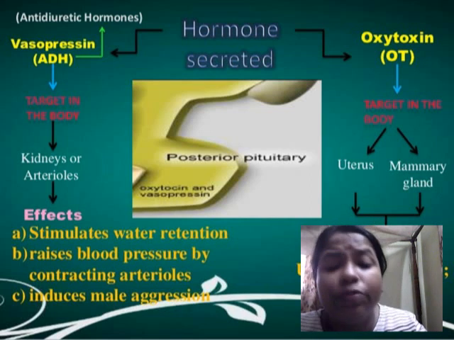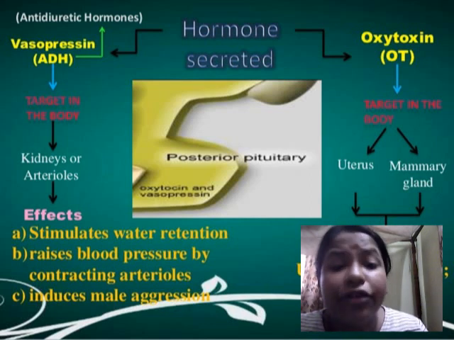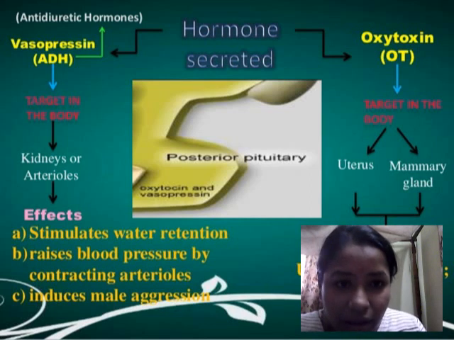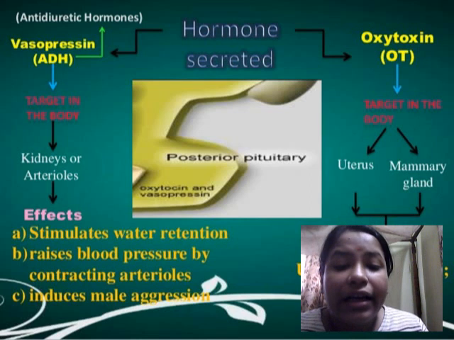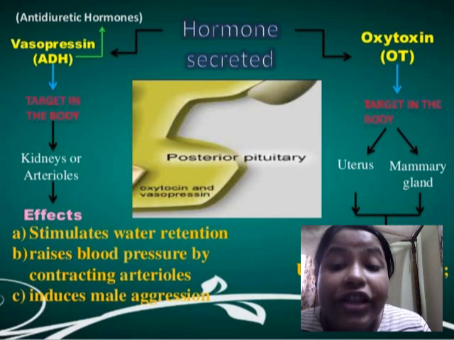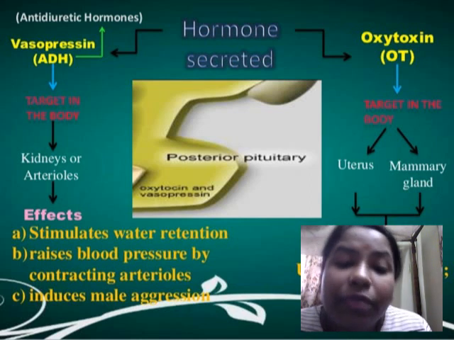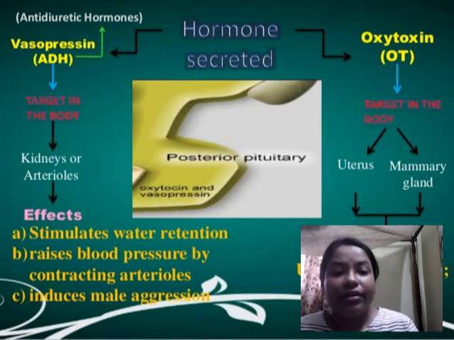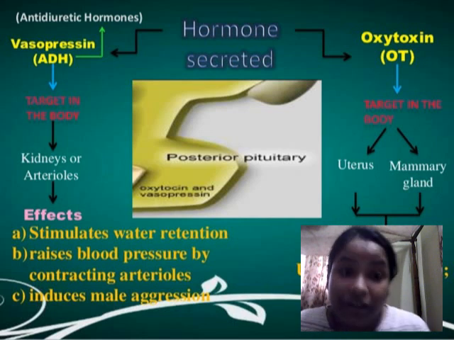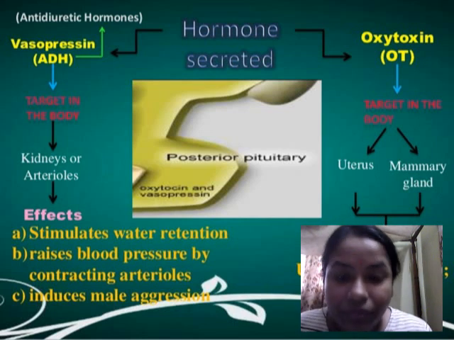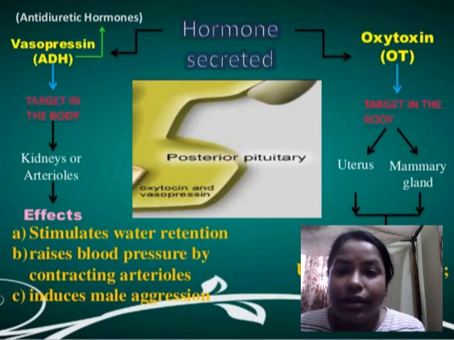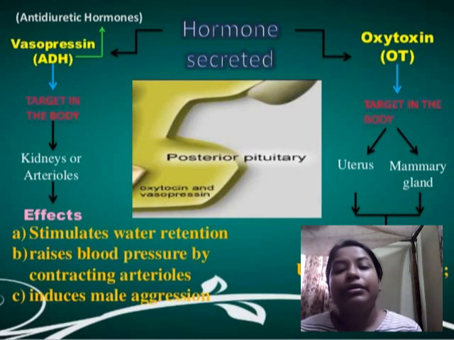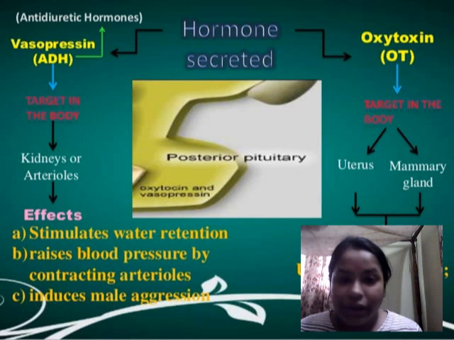The oxytocin hormone stimulates the contraction of uterine muscle during labor and initiates the ejection of milk from the mammary gland in females after delivery. So these all are the hormones secreted by the anterior pituitary gland and posterior pituitary gland with all their functions.